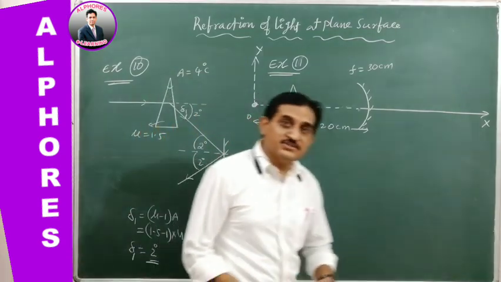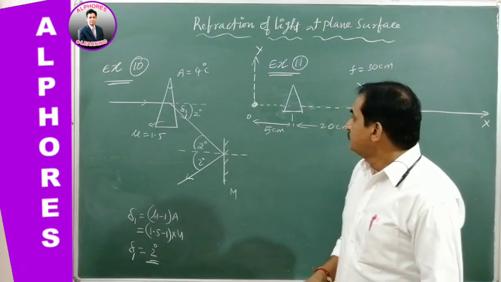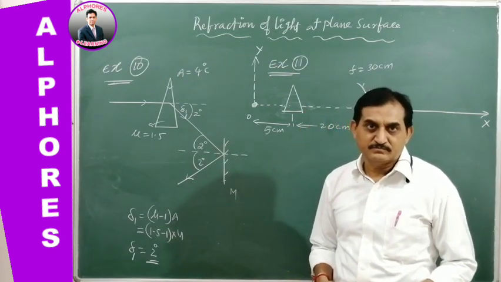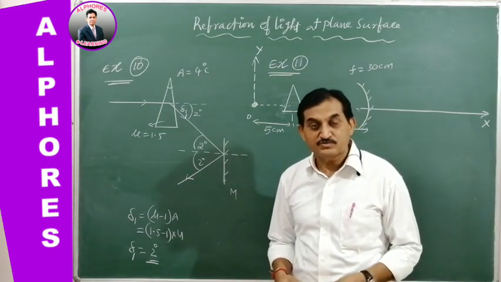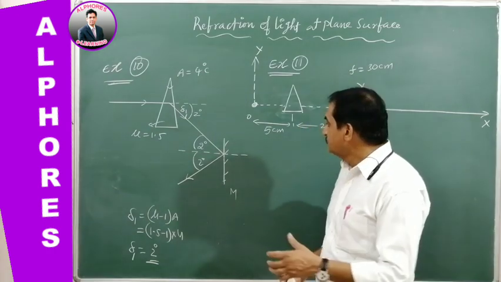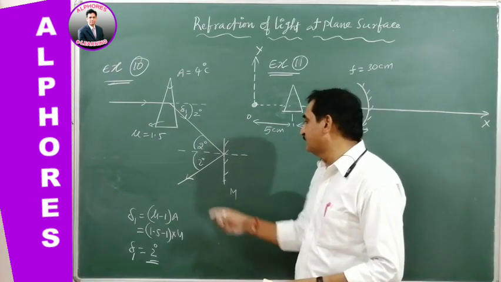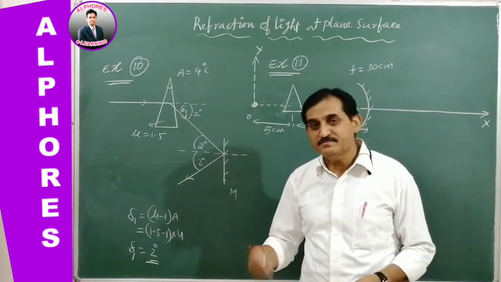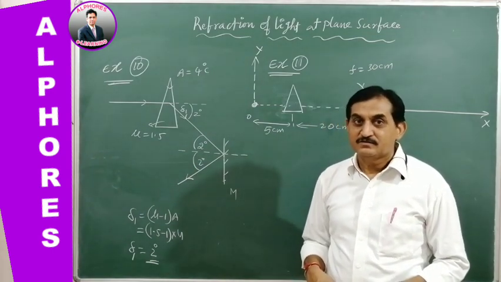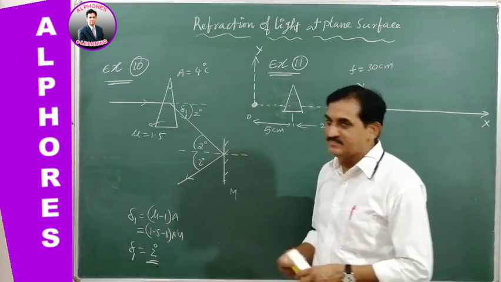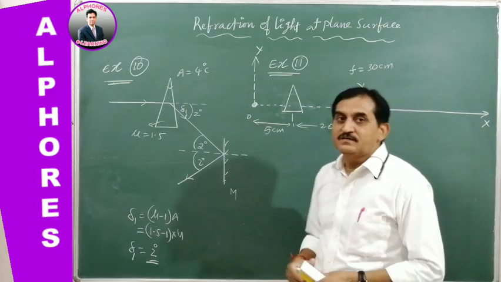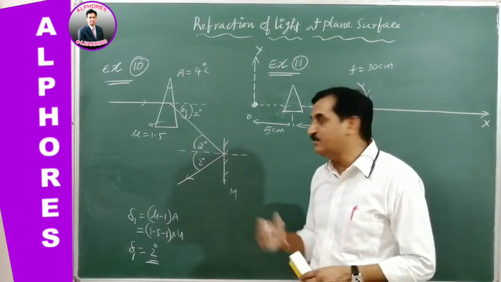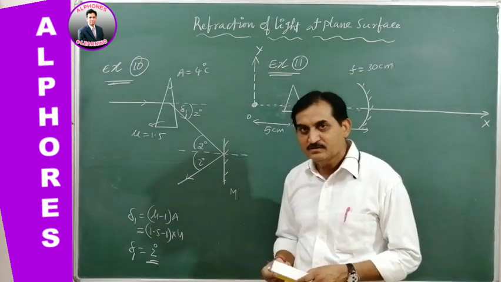Okay. Now the question is, the mirror is to be rotated in a direction such that the final reflected ray becomes parallel. So this is the question. Once again I repeat. There is a small angled prism of apex angle 4 degree and refractive index 1.5.